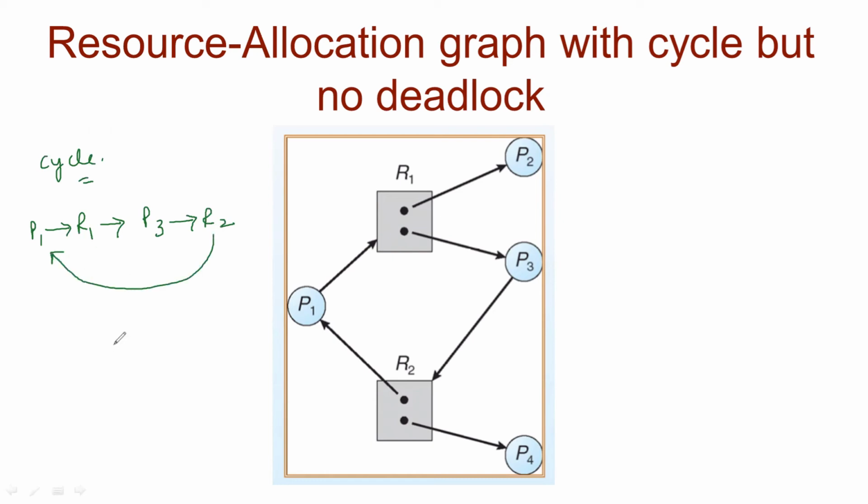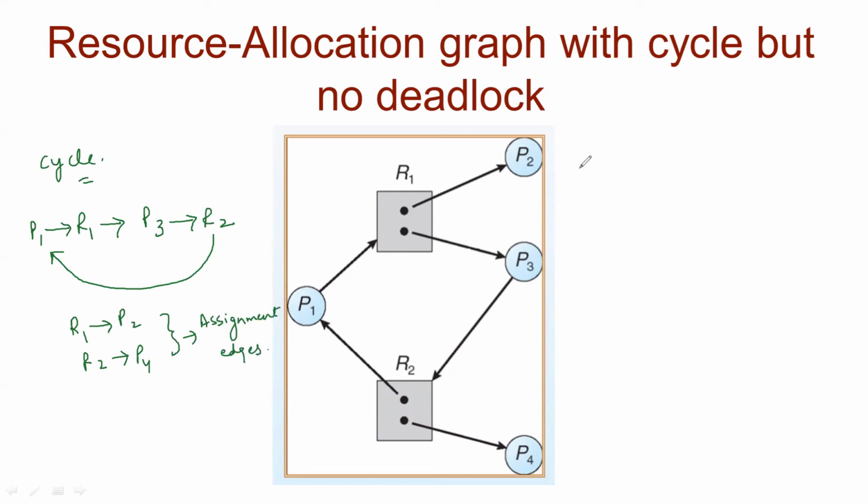Then there are two other edges in this resource allocation graph, R1 to P2 and R2 to P4. These both are assignment edges.